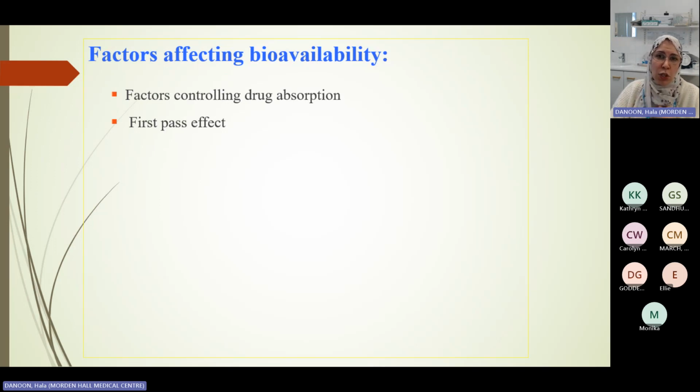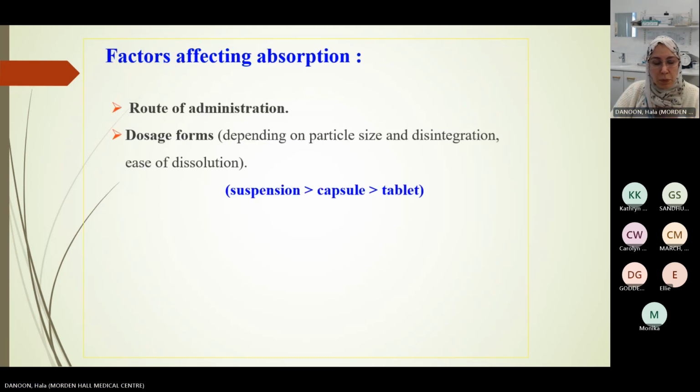Now, this is a major issue for quite a lot of drugs, and that's why we will see some patients have more of an effect of a medication than another person, because their first pass effect is stronger than another. That's why you see sometimes that the dose that we're giving is quite high, but the bioavailability of the medication is lower because it's going through a first pass effect.